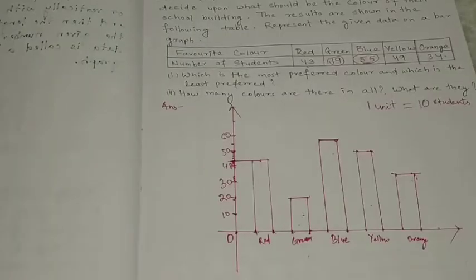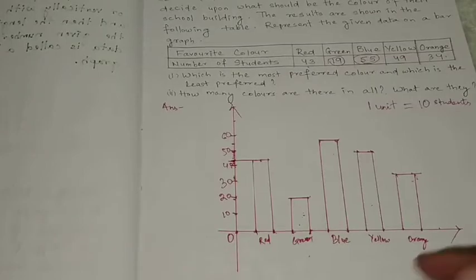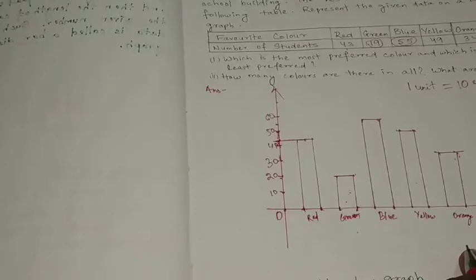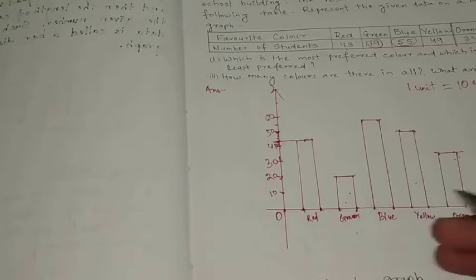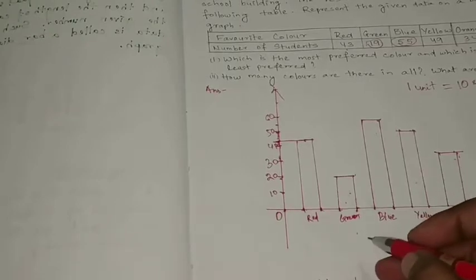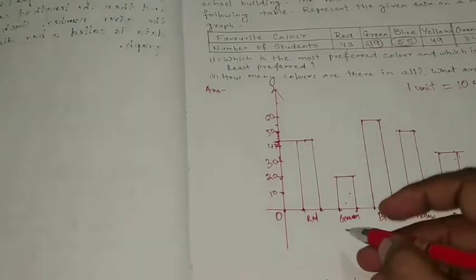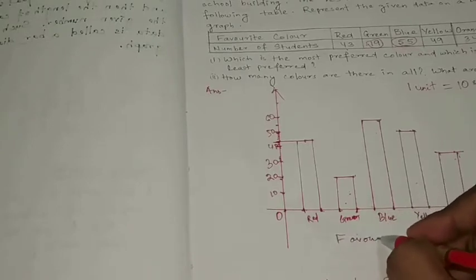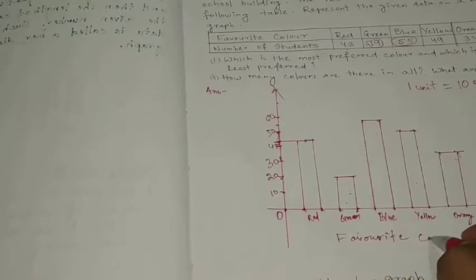Okay. Another important thing is that in a bar graph, you have to mention the value of the axis. Like this axis is representing the color or favorite color. So what you have to write? Here you will write favorite color.